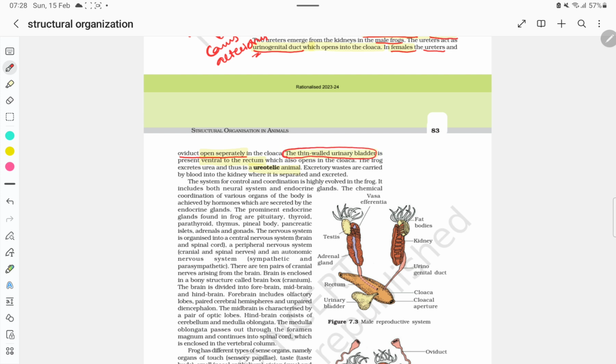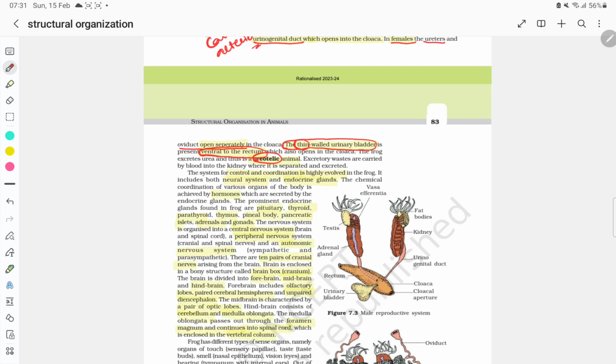The examiner may change this term. So the urinary bladder is thin walled. Where is it present? This is also very important. It is present ventral to the rectum, the term ventral is very important, and that also opens into the cloaca. And based on the excretory product, they are ureotelic animals because they excrete urea.